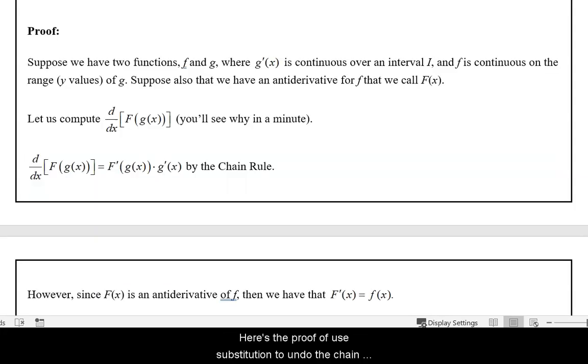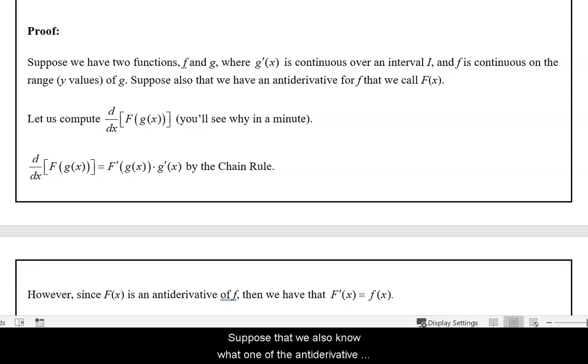Here's the proof of u-substitution to undo the chain rule for derivatives. Again, suppose we have two functions that we'll use lowercase letters f and g to represent. Suppose that lowercase letter g's derivative is continuous over some interval named capital letter I, and that the function f is continuous on the range, or y values, of the function g, so that you could compose f with g.